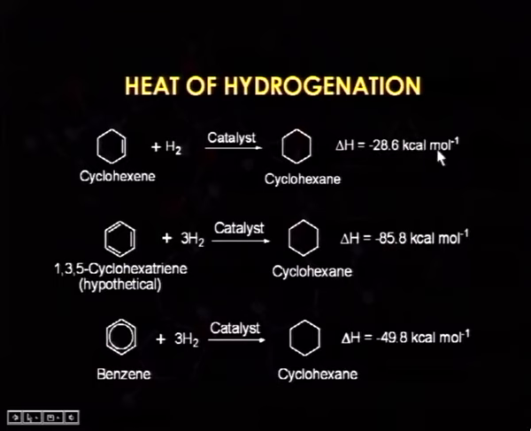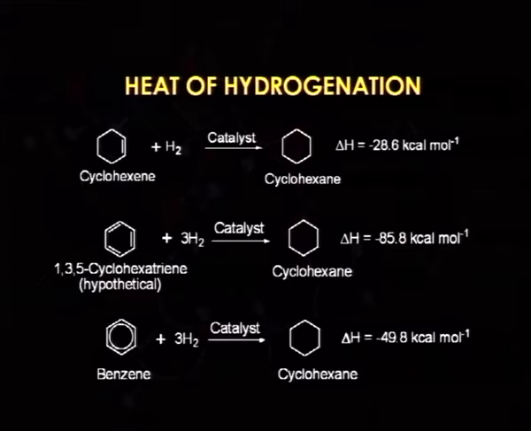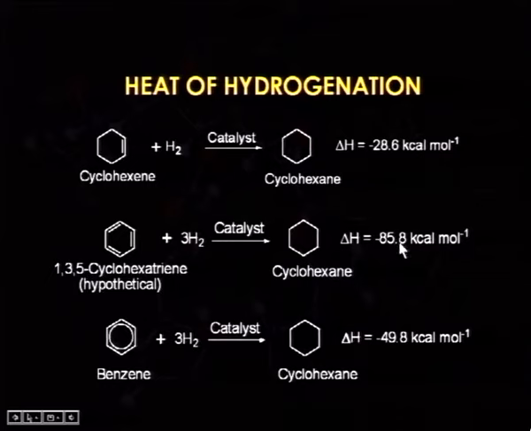Now, on the basis of this value, we can expect that if 3 moles of hydrogen are added to 1,3,5-cyclohexatriene, which is considered a hypothetical molecule, then we will get an enthalpy of hydrogenation thrice this value, 85.8 kilocalorie per mole.